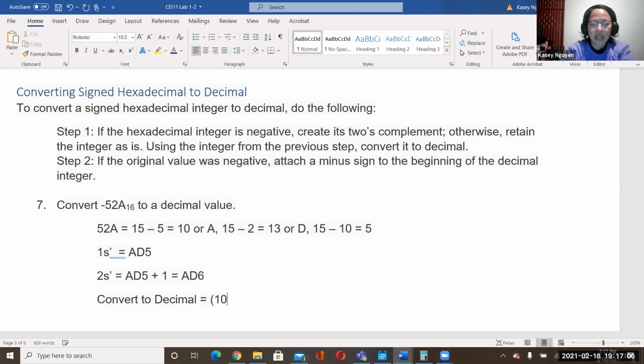So A, or 10, times 16 to the 2nd power, plus D, which is 13. So 13 times 16 to the 1st. I forgot to do this. And then plus the last one is 6. So 6 times 16 to the 0.